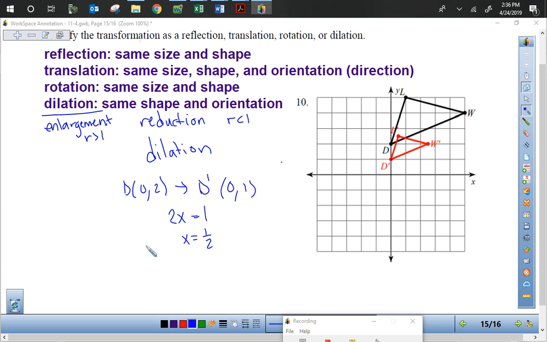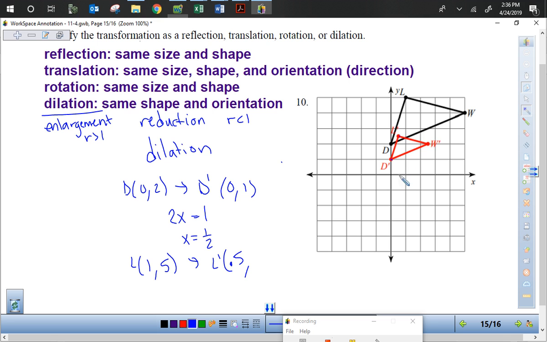Okay, so for L, let's look at that ordered pair. 1 to the right, 1, 2, 3, 4, 5 up. And then over here, L prime was kind of on this halfway point, so 0.5.